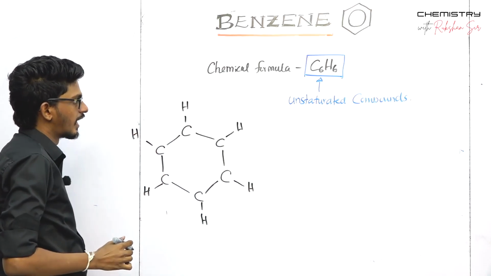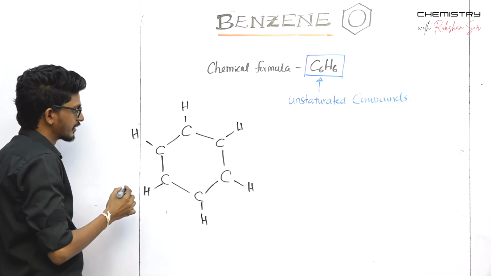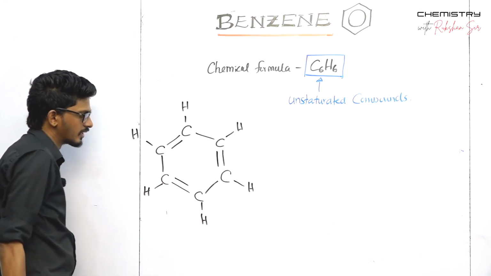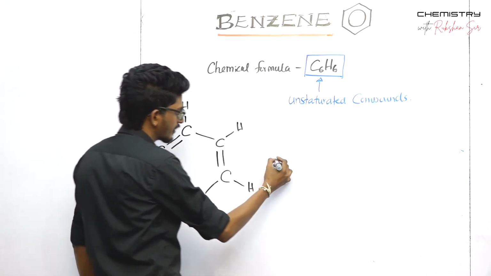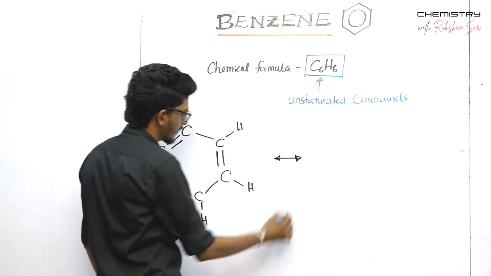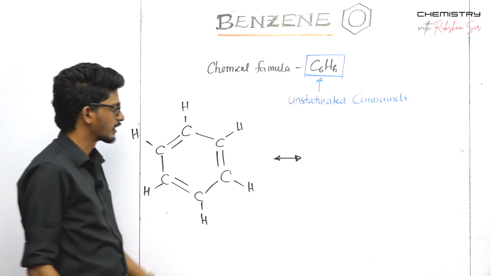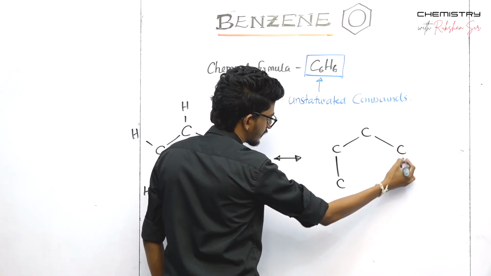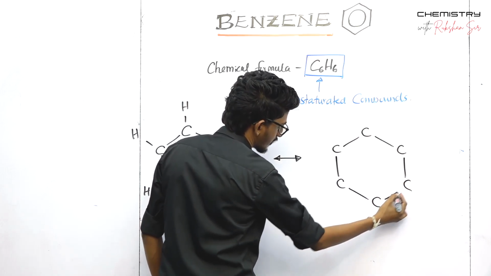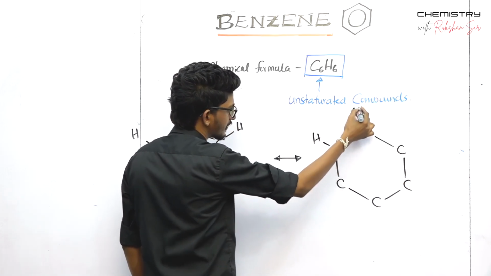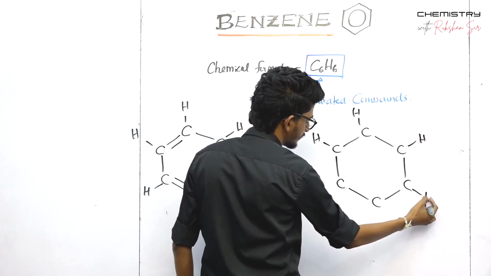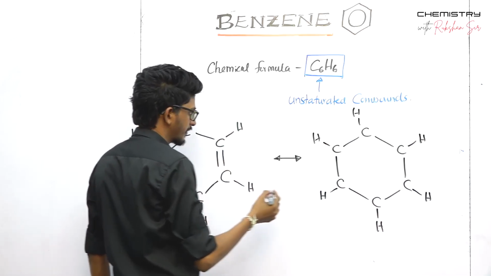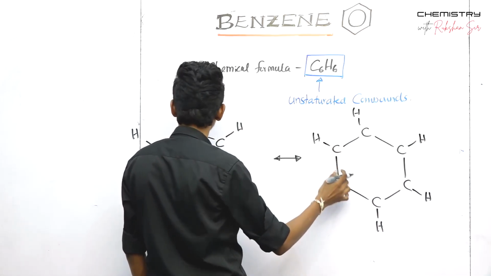Thinking of the unsaturated nature, he proposed benzene should be a hybrid of two resonance structures. You can think of it like this, the two C6H6 resonance structures. This was the first proposed structure for benzene, right?